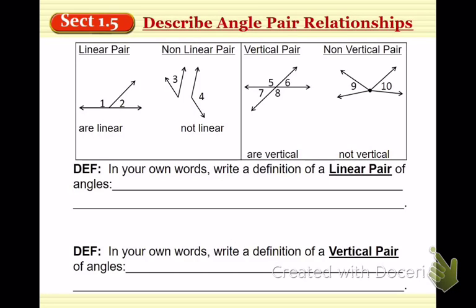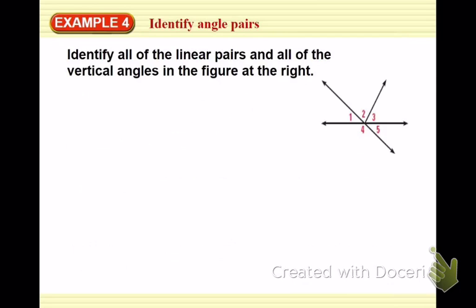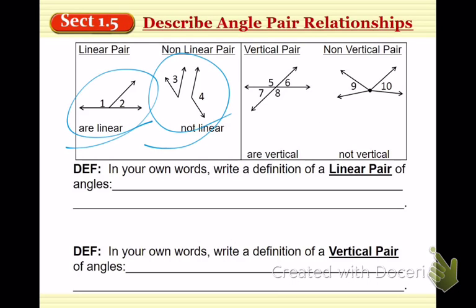So look at these two diagrams, here and here. The first set, angle 1 and angle 2, are a linear pair. Angle 3 and angle 4 are a linear pair. So, the question is, what makes a linear pair? Stop the video, think about it for a second, start it back up, and I'll give you what I think might be a simplified definition.